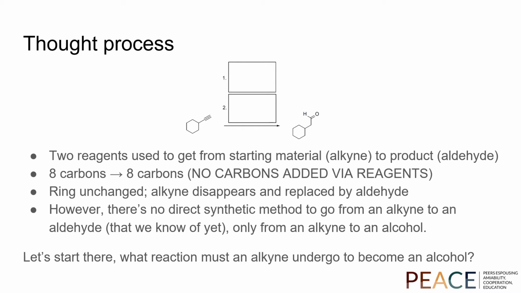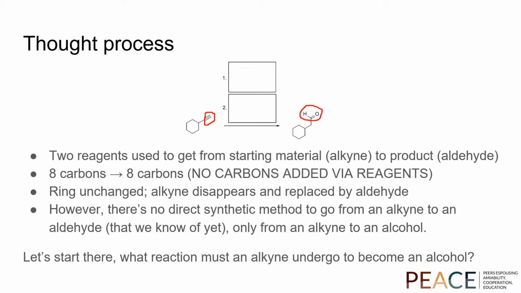So we don't have to worry about adding any carbons via our reagents. The ring is unchanged, but the alkyne disappears and is replaced by an aldehyde. So again, what we want to do is circle what we should be paying attention to. So our alkyne is changed to an aldehyde.